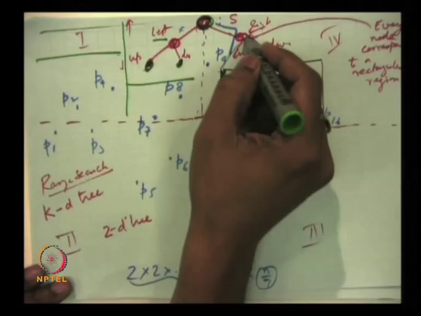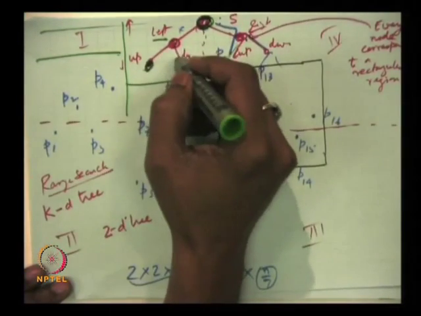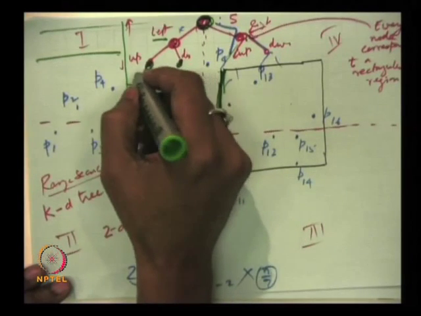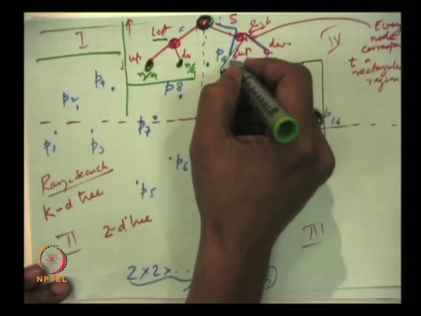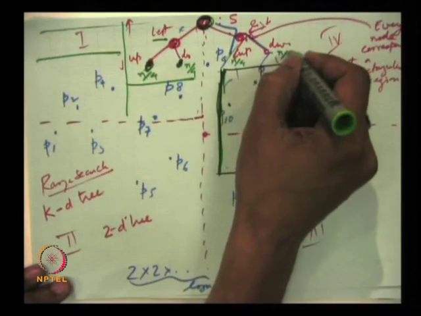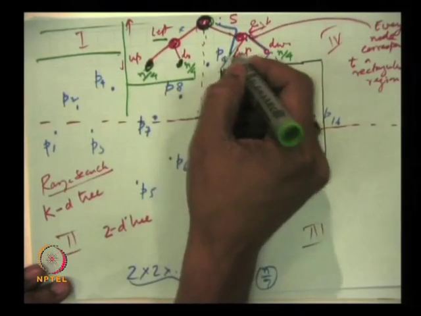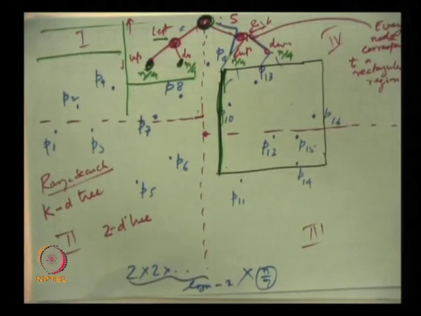N over 4, because we split twice. We split along y and then back to x. So, split once, these are n over 2, n over 2, and then again these are split into 2 halves. So, these rectangular regions correspond to n over 4 points each.